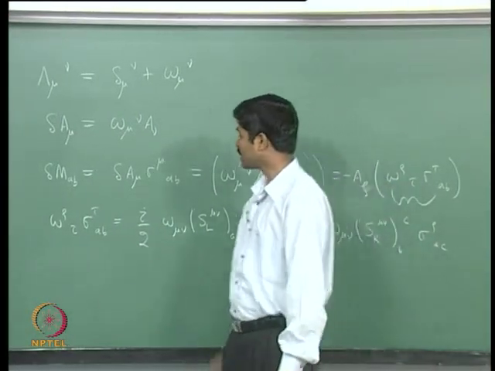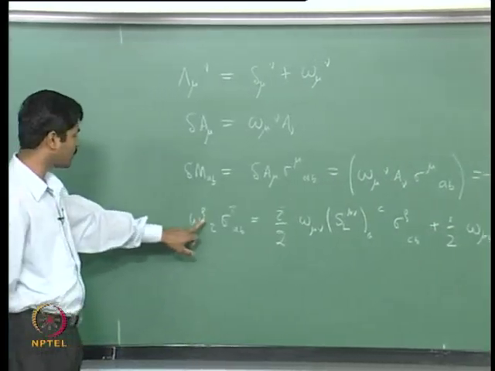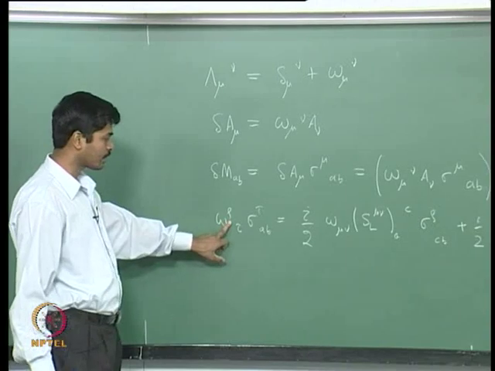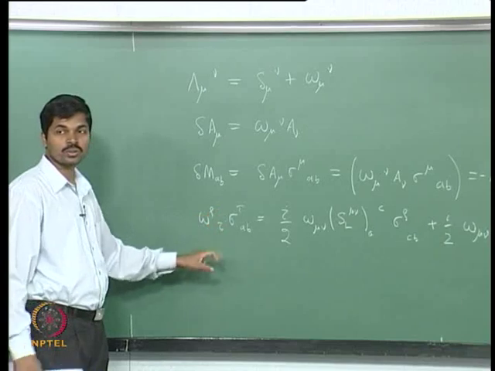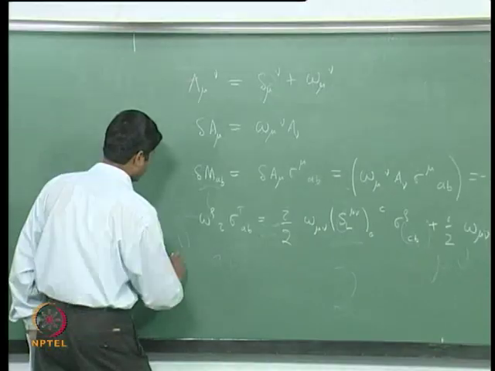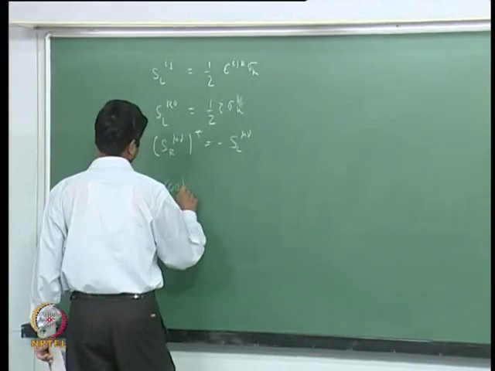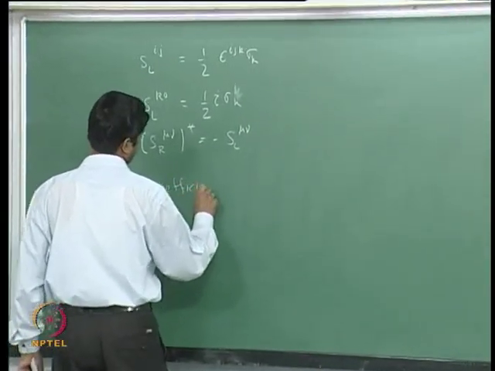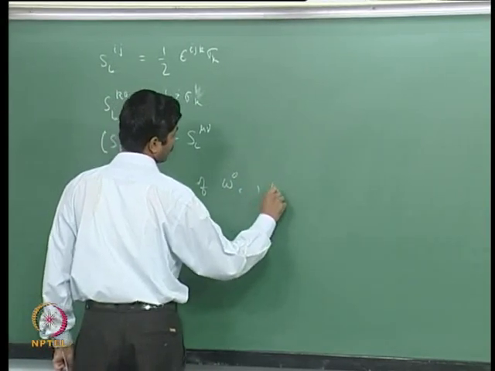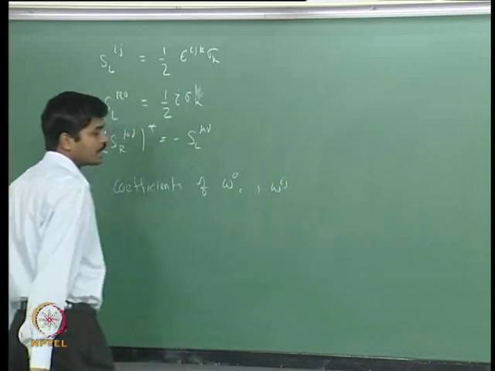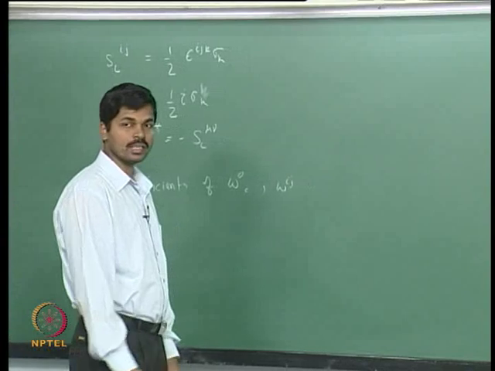I will do it for one of the cases. The point here is that you can look at various coefficients here, omega 0 1, 0 2, 0 3, etc. So you can check whether omega 0 i or omega ij individually match on both sides, both left and right hand sides.